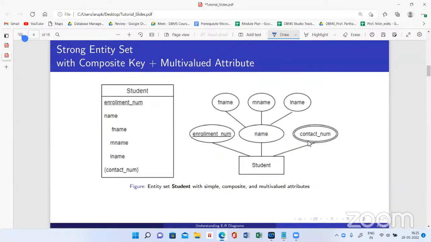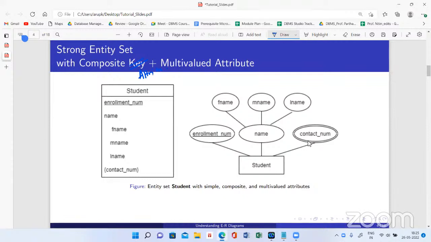Then how to handle a multi-valued attribute? Multi-valued means an attribute can take multiple values. A composite attribute has different parts, but if an attribute is supposed to store multiple values, we call it a multi-valued attribute. Suppose a particular student can have more than one contact number.